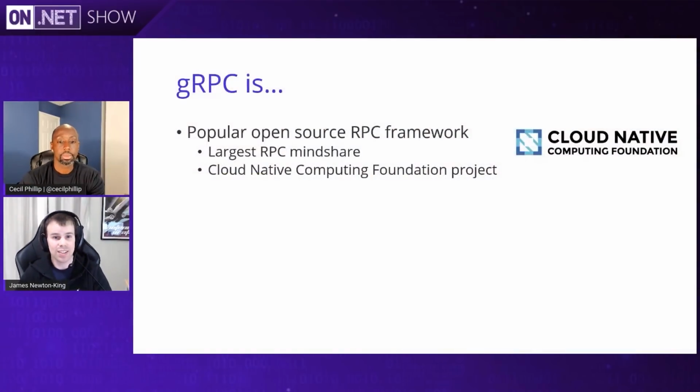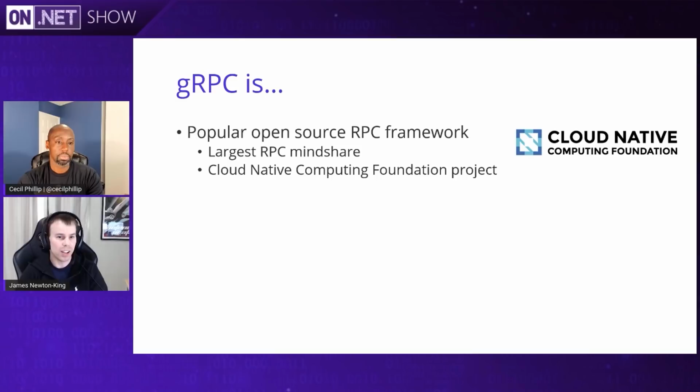Nice. So why don't we talk about what is gRPC and why should we care about it? Why is it interesting and what's its space here in the .NET ecosystem? So gRPC is a popular open source remote procedure call framework. RPC frameworks make it easy for apps to talk to each other. There are many alternative RPC frameworks out there, like Thrift, JSON RPC, and WCF.